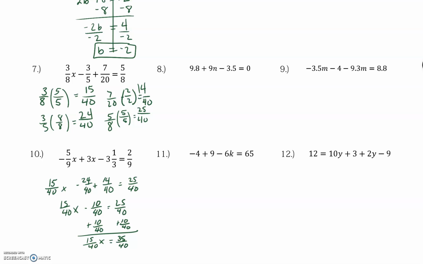When I have that fraction coefficient, I'm going to flip and multiply. And look, the 40s cancel out. 5 goes into 15 3 times. 5 goes into 35 7 times. So we have 7/3.